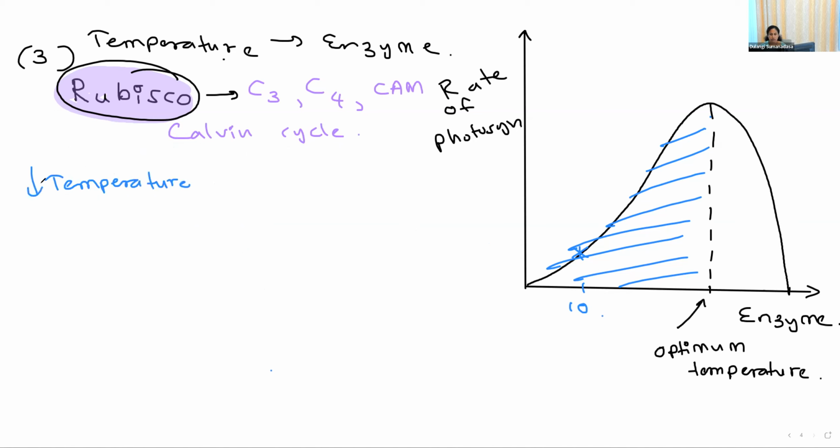So if the temperature is low, the kinetic energy between the Rubisco and the substrate is going to be low.